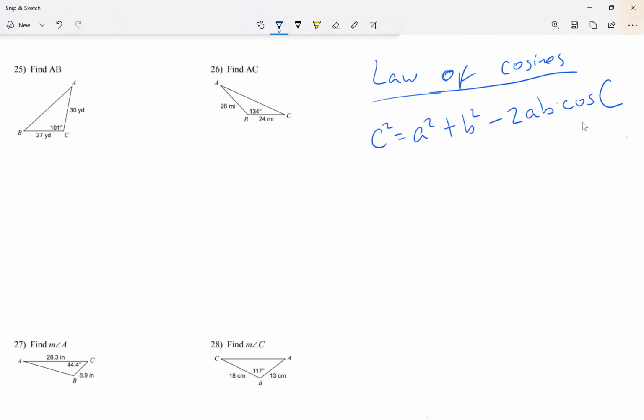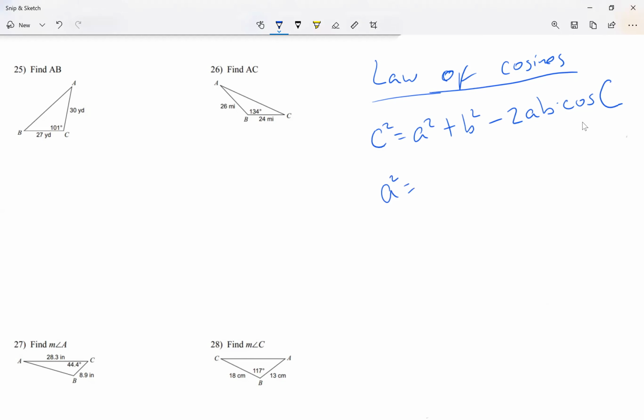Okay. Let me do another rule. I'm gonna give you guys 3 rules that we're going to be using. Very similar. This is gonna help me to solve side C. But what if I'm solving for side A?